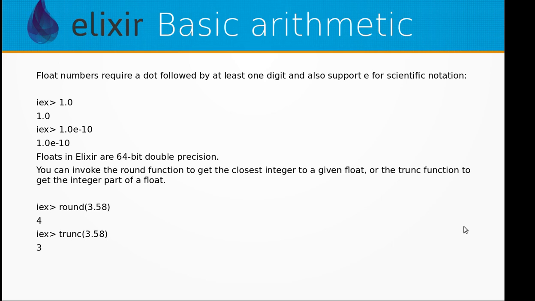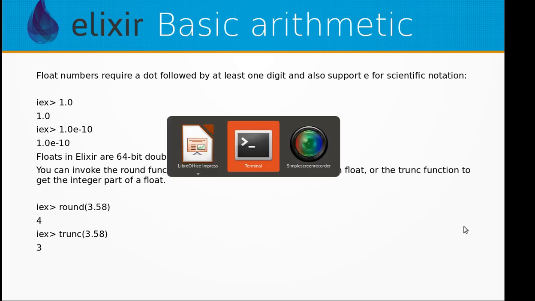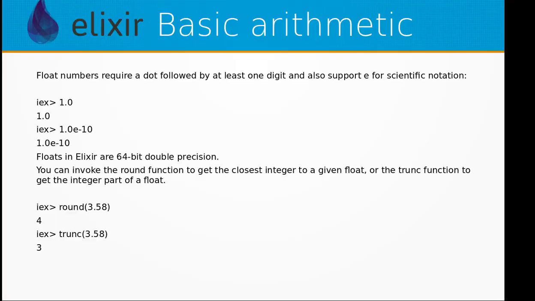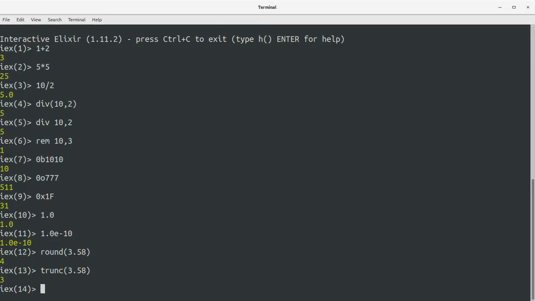You can invoke the round function to get the closest integer to a given float, or the trunc function to get the integer part of a float. So if I go with round 3.58, I get 4. And if I use the trunc function 3.58, I get 3.